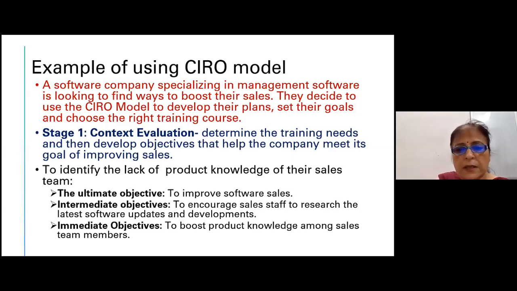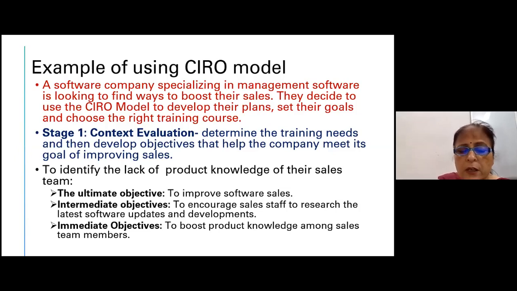So there is a gap, and how to boost that sale, that is their problem, and their goal is improving the sales. So they will try to determine whether at the organizational level there's a problem, or whether at the intermediate level, whether the staff needs to do something more, do they need some other inputs, and then where do they require this input.